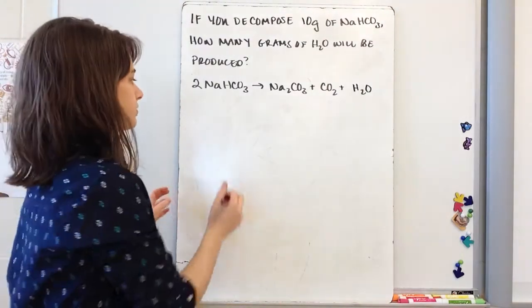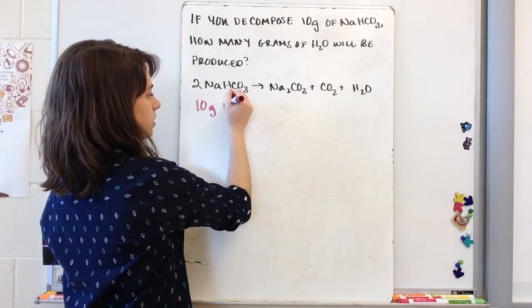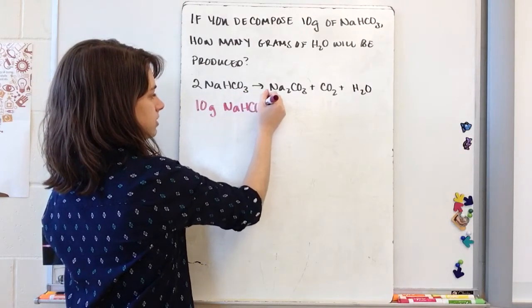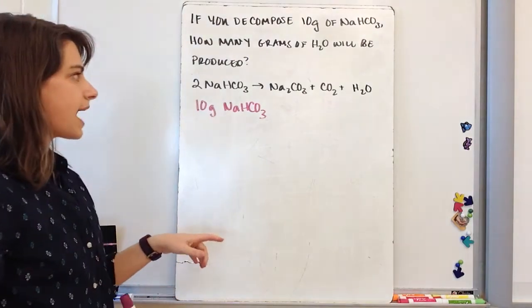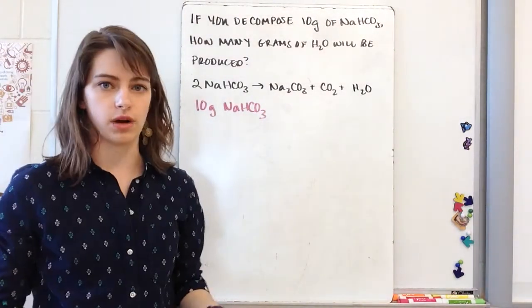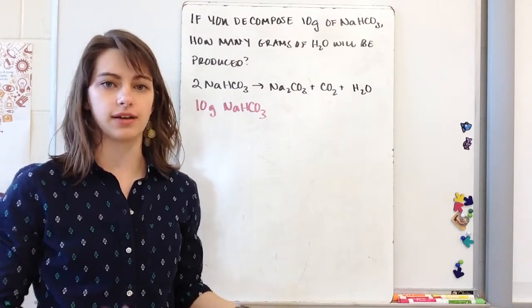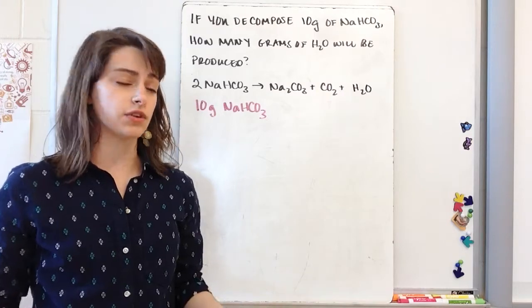What we know is we have 10 grams of our sodium bicarbonate, NaHCO3. Now, can I compare grams of NaHCO3 to grams of H2O? No, we already said before that we can't compare grams of one compound to grams of another. So we need to convert to moles.